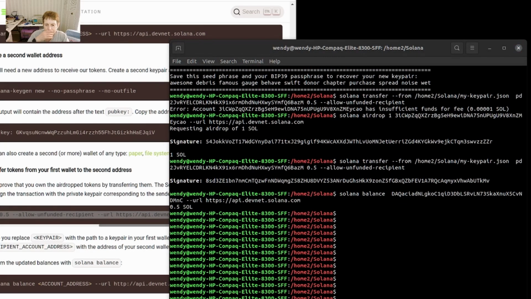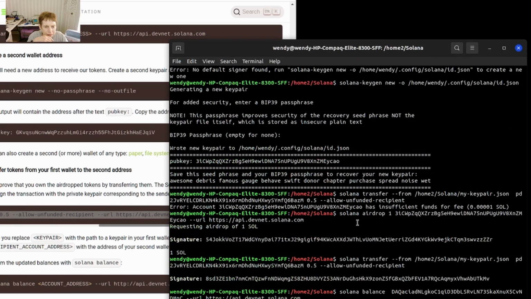All right. So the first thing I have to do is get the right values in there. So I'm going to need my second account, which is the recipient.